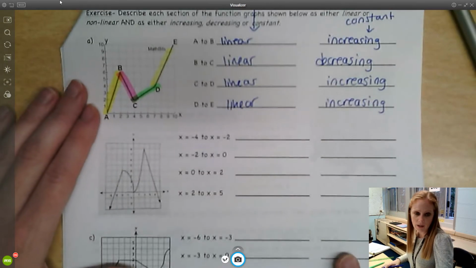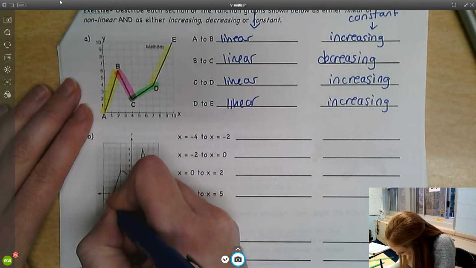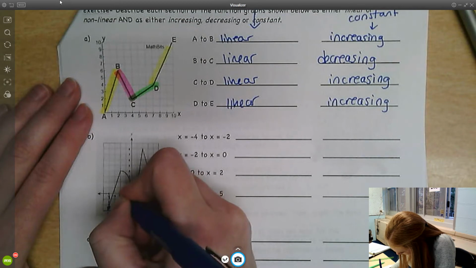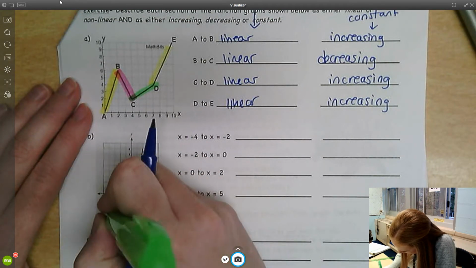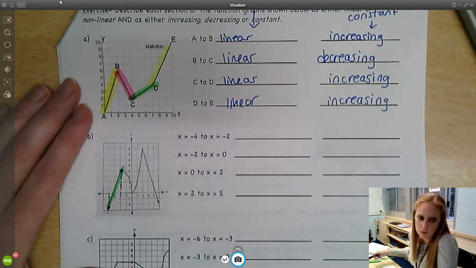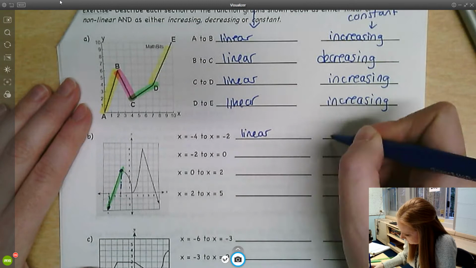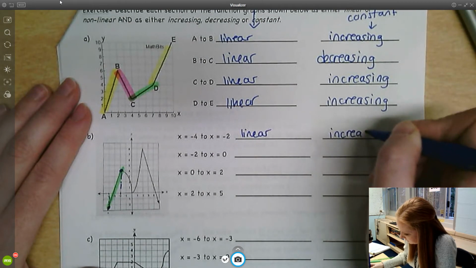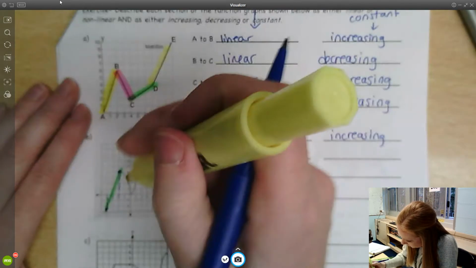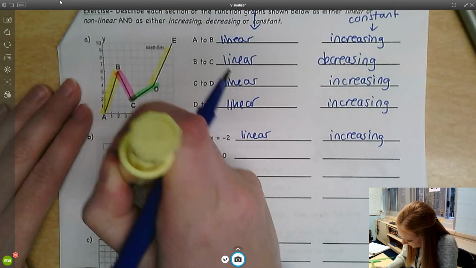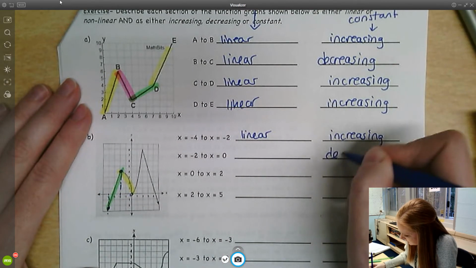All right, now we have when x is -4 to x is -2. So x is -4 will be right here. When x is -2 would be up here. So from the value x equals -4 to x equals -2, it is a straight line, linear, and it is increasing as you go from left to right. Then from x is -2 to x is 0. Here's where x is 0. That is decreasing.